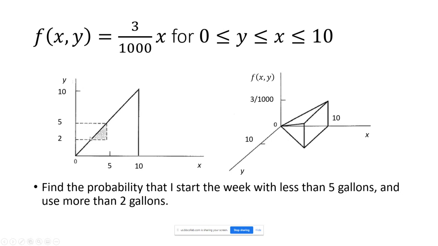So x is less than 5 and y is more than 2. So in other words, that would be the volume underneath the density surface within this shaded triangle.